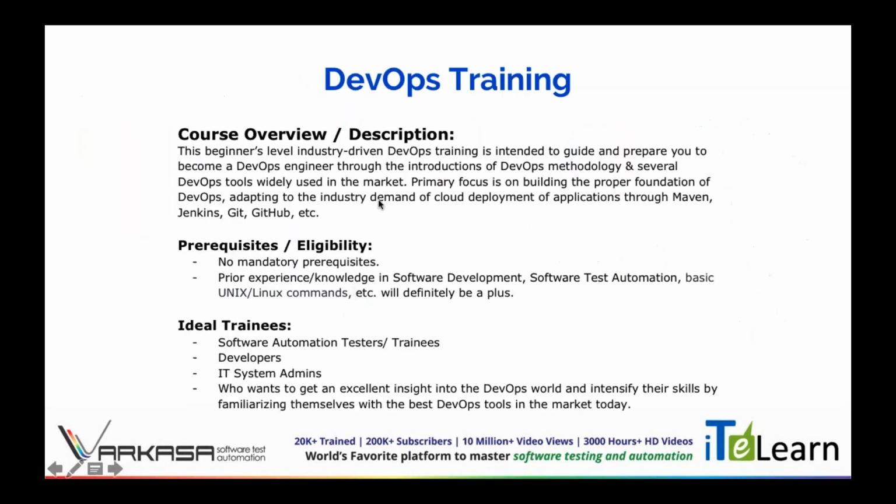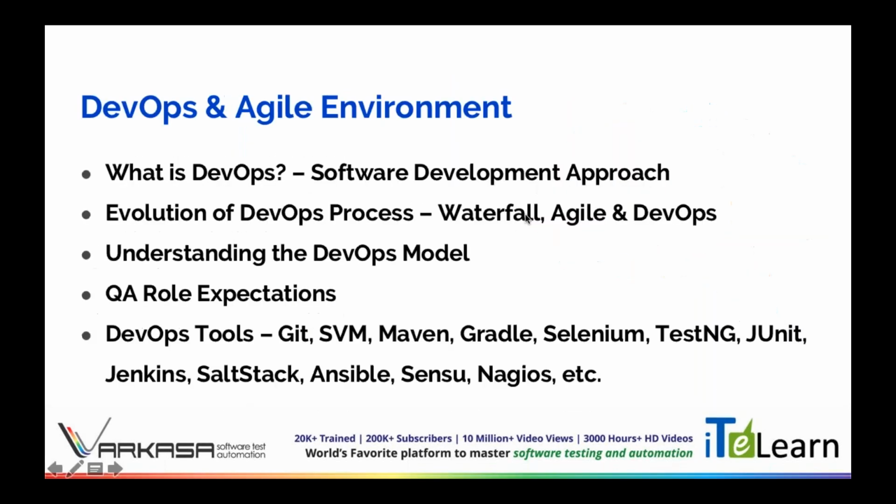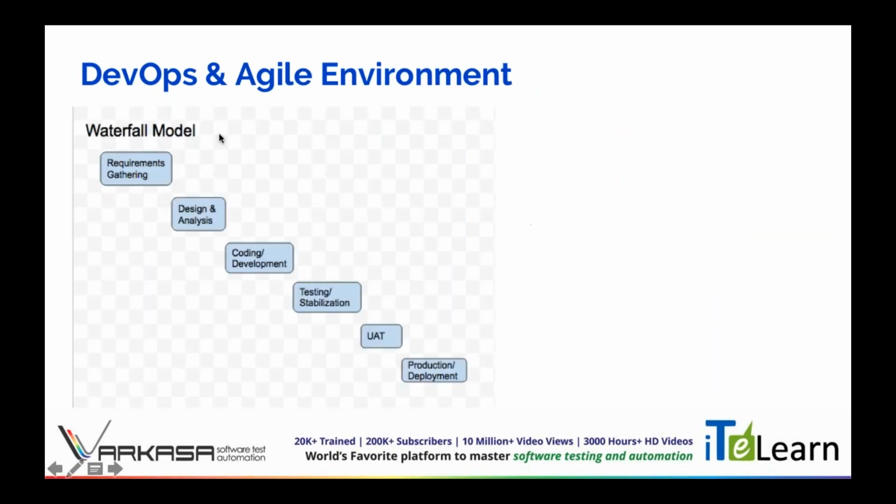So going back to when we talked about the prerequisites for DevOps, you need to have certain knowledge of how the software development process works, right? Let's say we're talking about this waterfall model. If you know how this works, you need to have a basic idea. Hopefully from this session it makes sense.